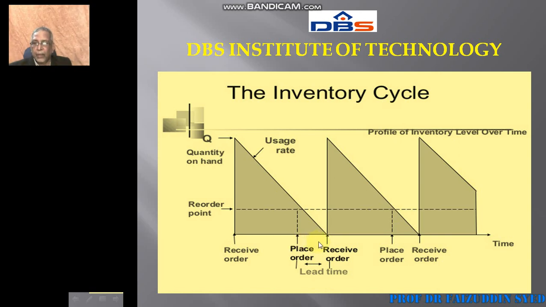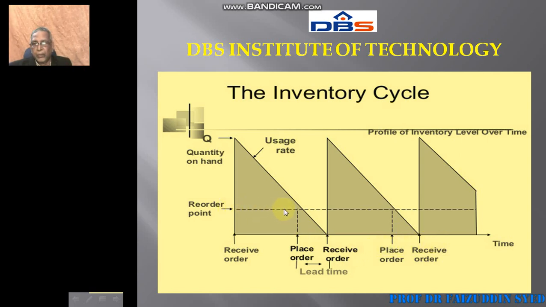You can see quantity on hand at the left side, that is the highest value at Q. Then the material is slowly exhausted in a slant line, and you can see a dotted line here. We call it the reorder point.